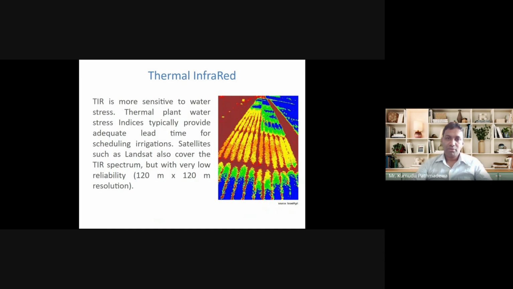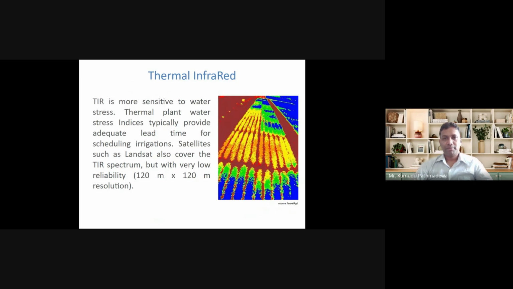This means a single pixel from this satellite image covers a 120 meter ground area. So it is a rather coarse resolution, and we cannot clearly identify the crop field.